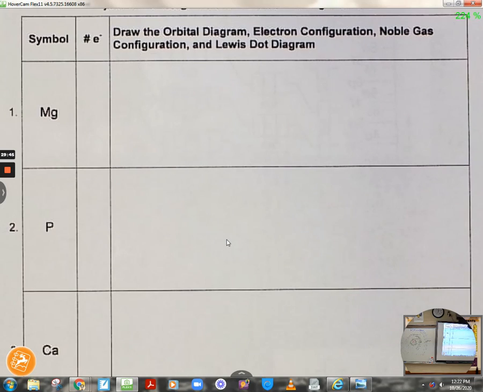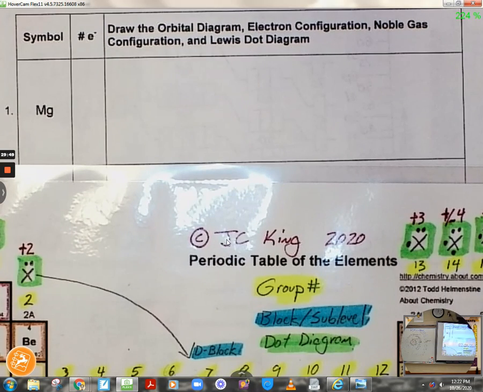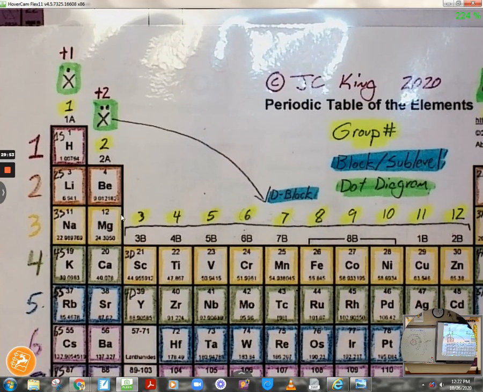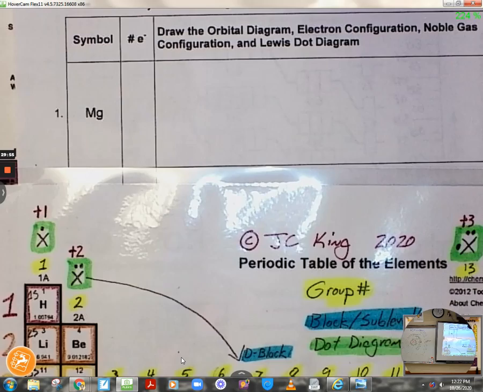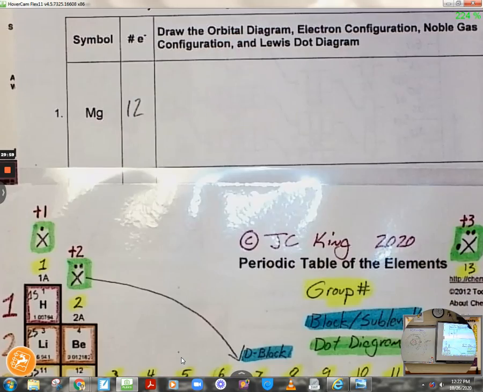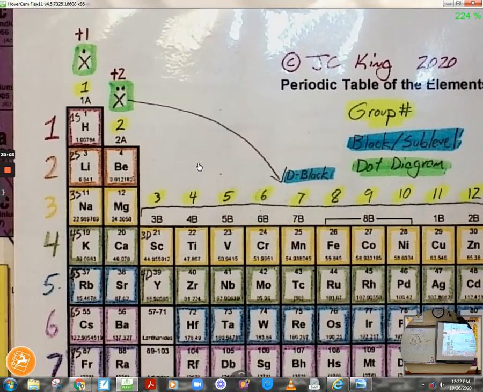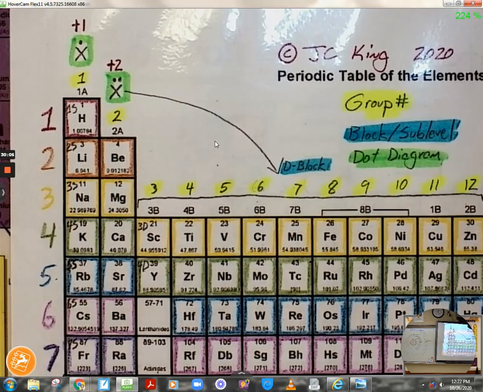Let's start off with magnesium. On your periodic table, find magnesium and tell me what is its atomic number. Atomic number is 12. So we're talking a total of 12 electrons we're going to have to find homes for. Now, let's use what we know about the periodic table, and let's make a prediction. Where are my last electrons going to end up?